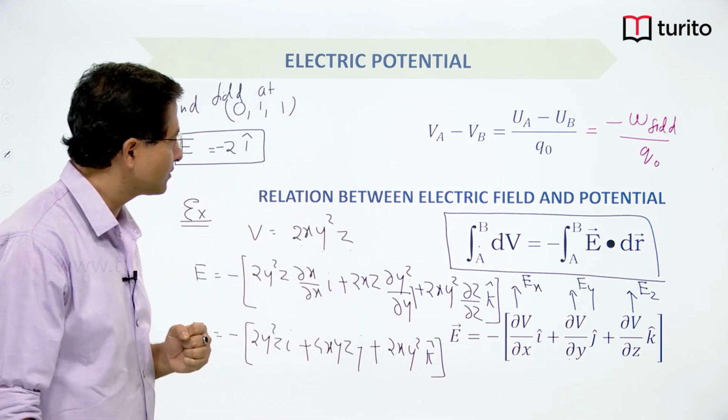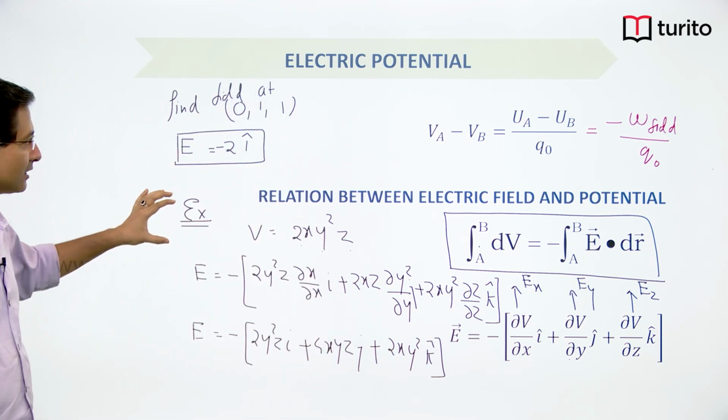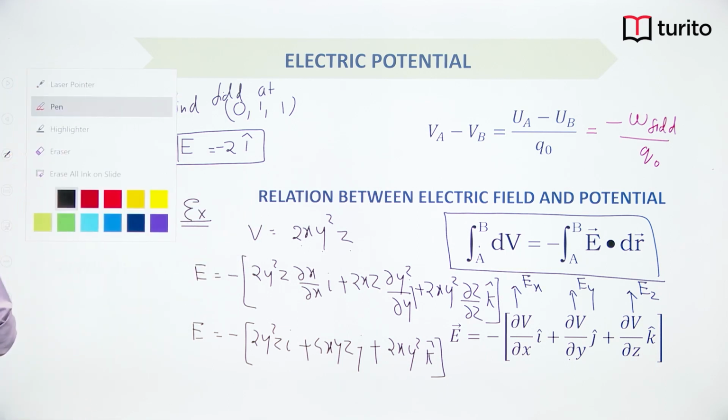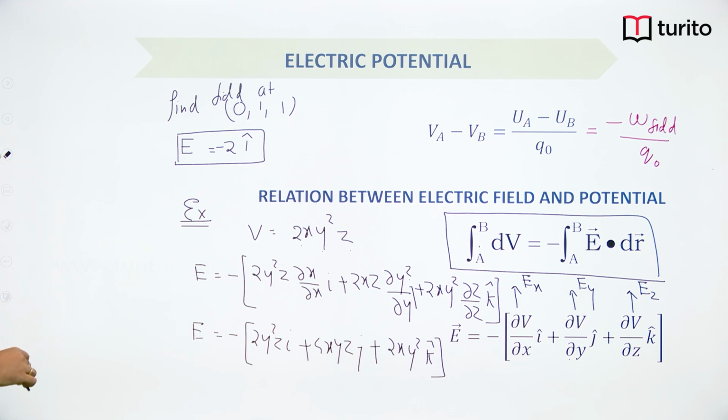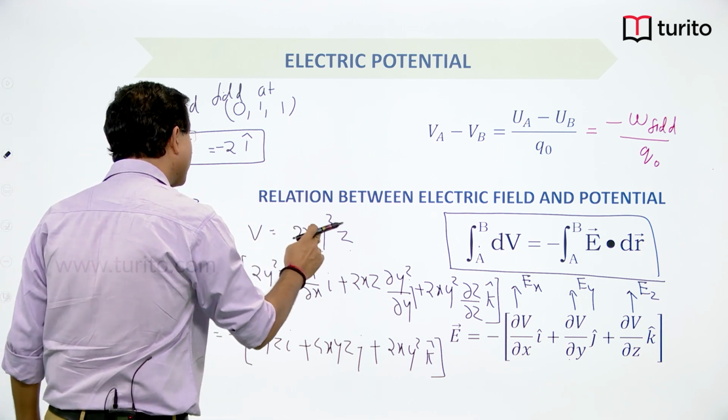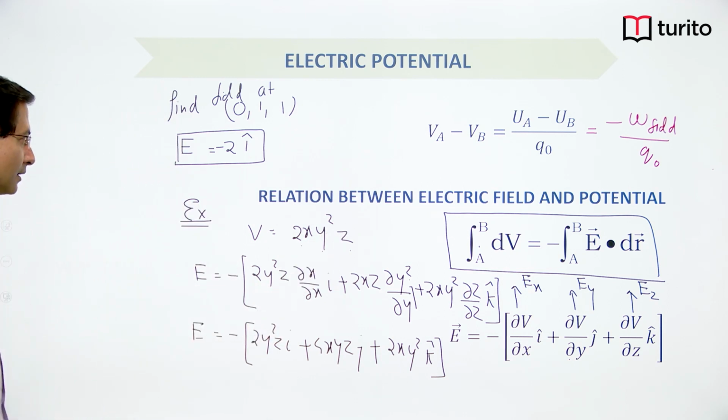Now, sometimes instead of potential given this way, potential might be given in another way. Here we got potential in terms of x, y, z, 3 coordinates.